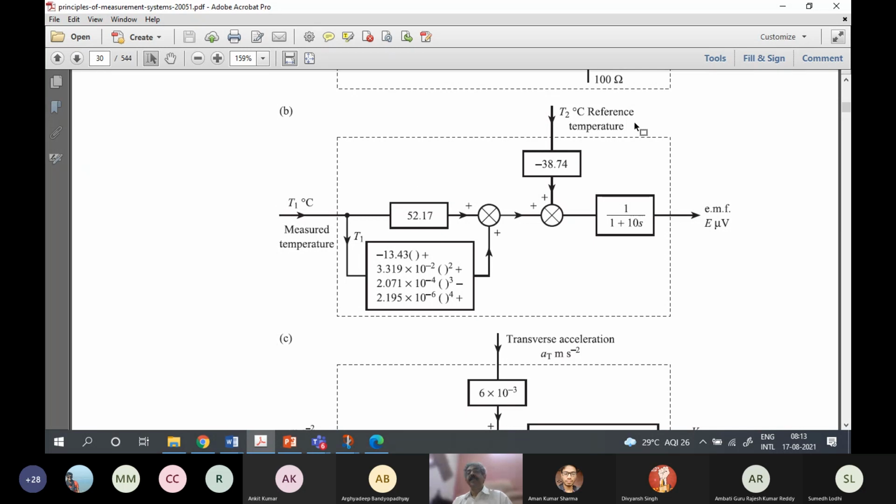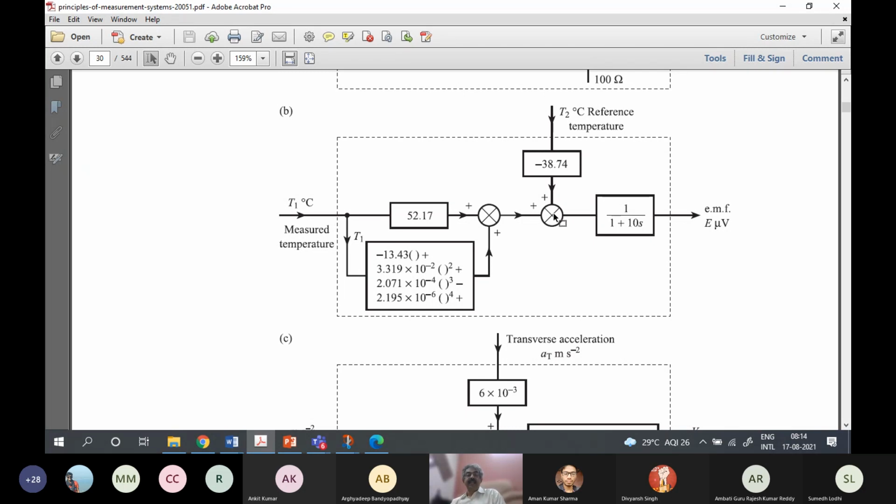But the reference junction temperature may also vary if we just keep it in the ambient. That's why in school you have studied that it's kept in an ice bath to keep the temperature constant. If it varies, then it acts as an interfering input.